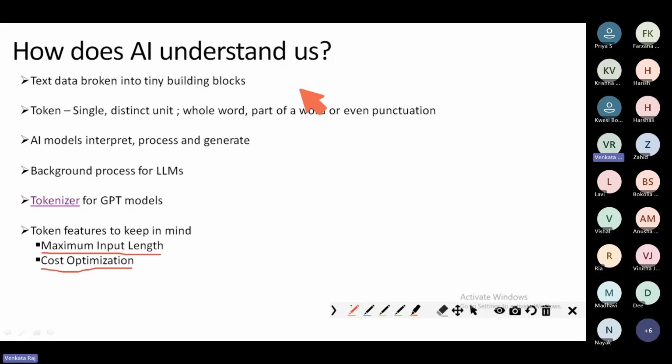But when I am saying maximum input length, you should be aware that when you are giving the input text, for example, I wrote, what are the benefits of generative AI, right? I could have also mentioned, list the benefits of generative AI. Yes or no? What are the benefits of generative AI? List the benefits of generative AI. In list the benefits of generative AI, I think I will have fewer tokens consumed.